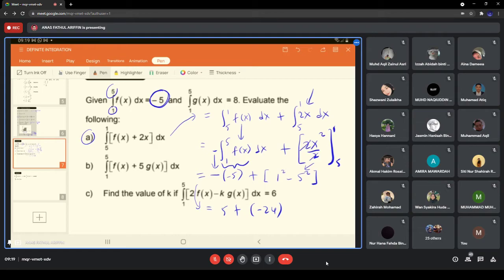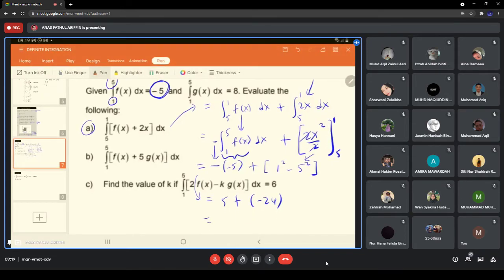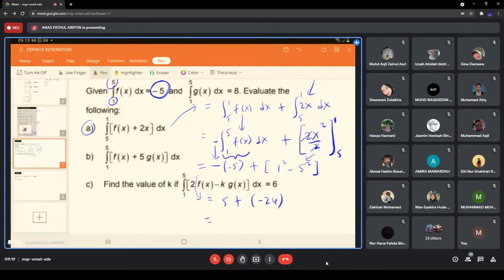Ya, patutnya memang tak perlu tukar ni sebenarnya. Okay, so patutnya dia akan dapat, sekejap. Yang depan tu yang kita tukar. So we should get negative 19. Okay, we should get negative 19.